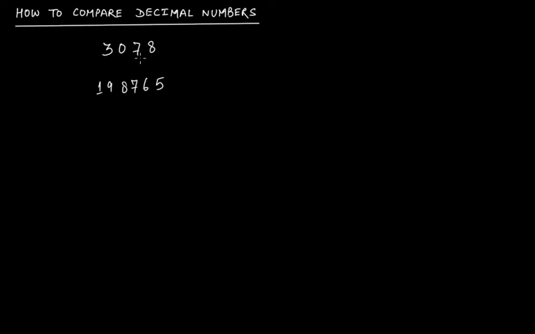The first thing we do is look for the highest place values in both the numbers. In this number, we have ones, tens, hundreds, and thousands. So the highest place value in this number is what? Thousands.